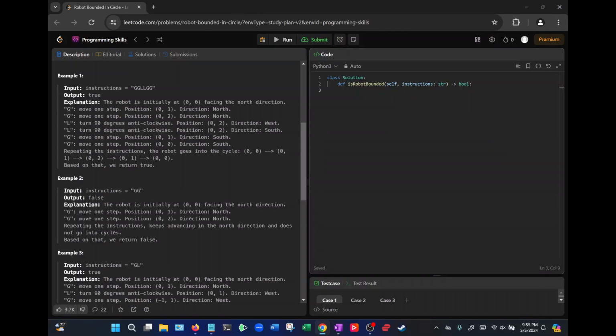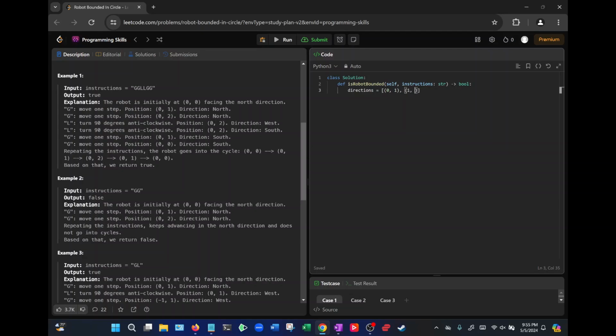Okay, so the way we're going to do this is, instead of dealing with north, south, east, and west, we're going to have the directions stored in a list. So we're going to have north, which is 0, 1, so this is like 0 in the x direction and positive 1 in the y direction. That's sort of a vector pointing upwards, and so we will associate that with north.